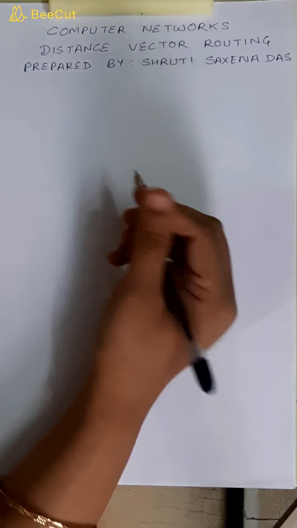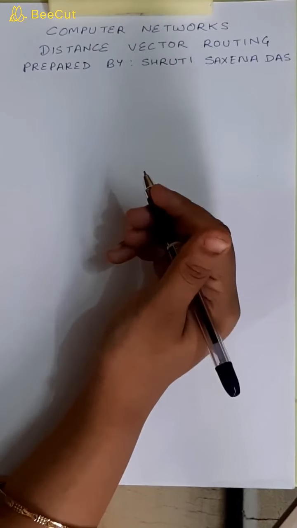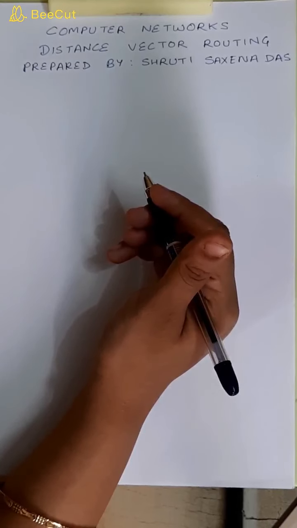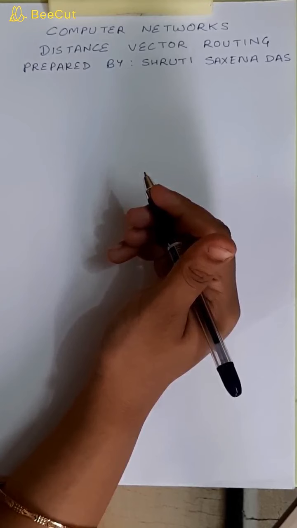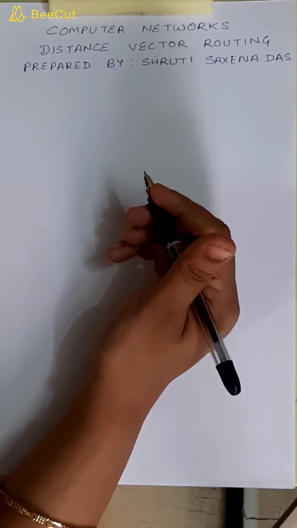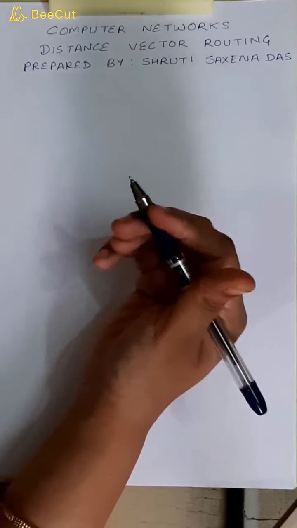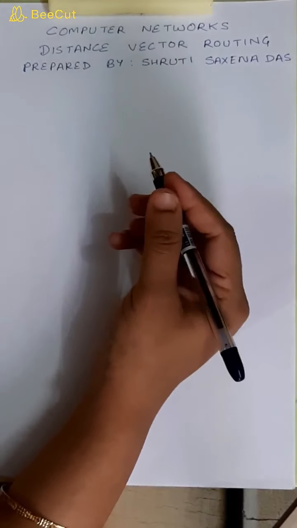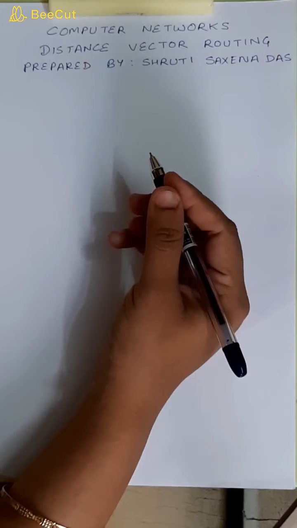So if the topology changes or the network traffic increases or decreases, the router takes the routing decision accordingly, and the routing tables are exchanged periodically. One algorithm for dynamic routing is distance vector routing, which we are going to discuss today.